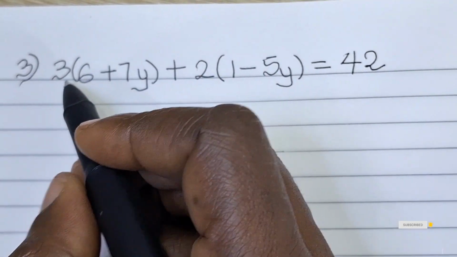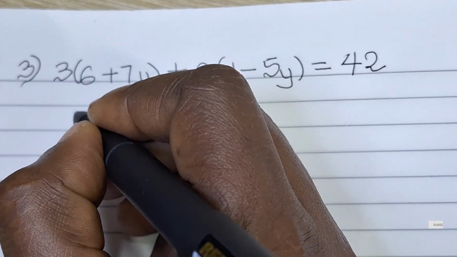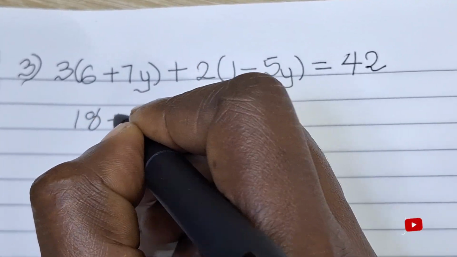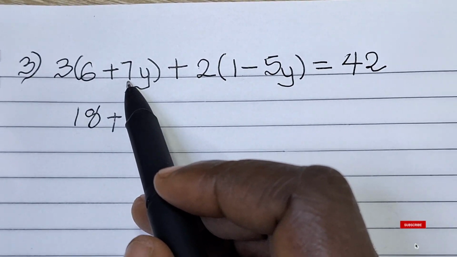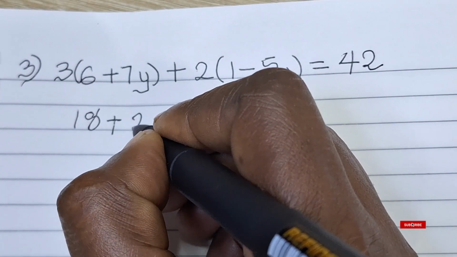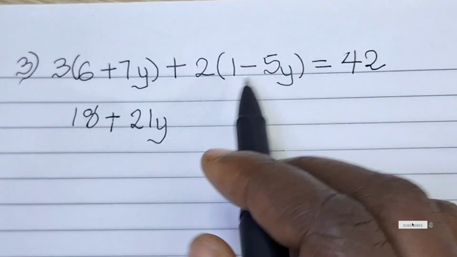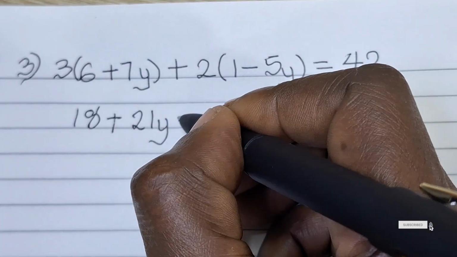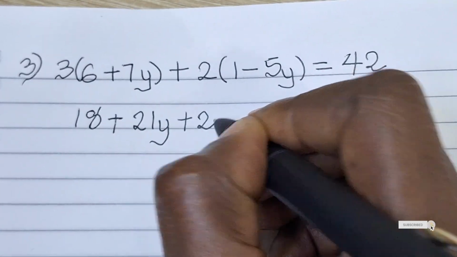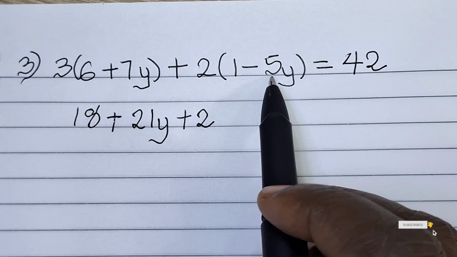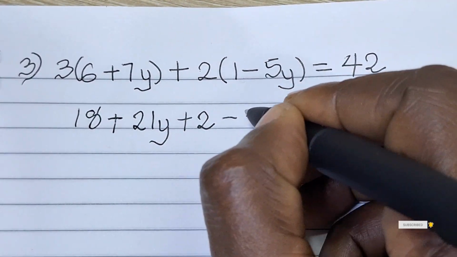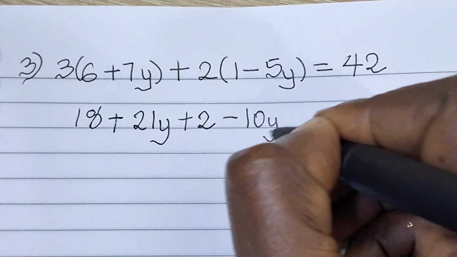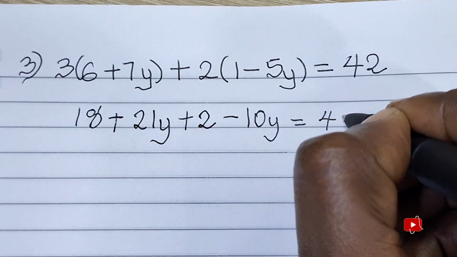Starting from the first bracket, 3 times 6 is 18, plus 3 times 7y is 21y. 2 times 1 is plus 2, and 2 times negative 5y is negative 10y equal to 42.